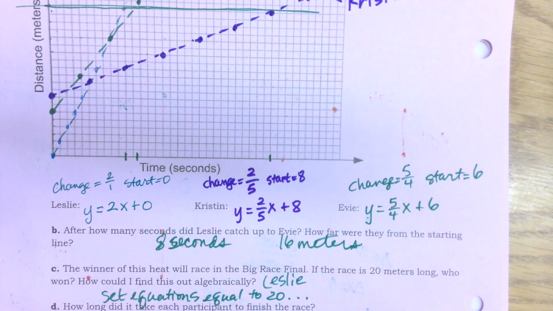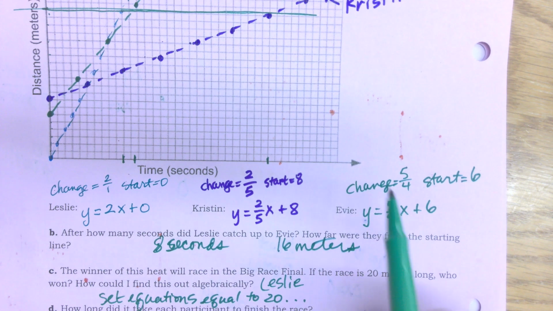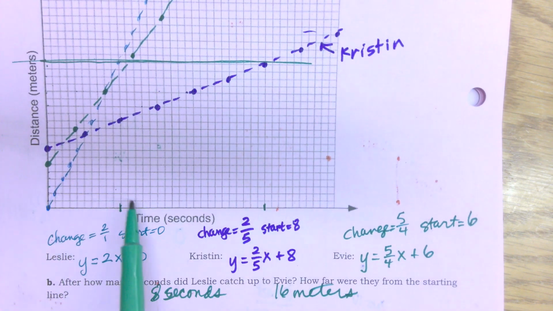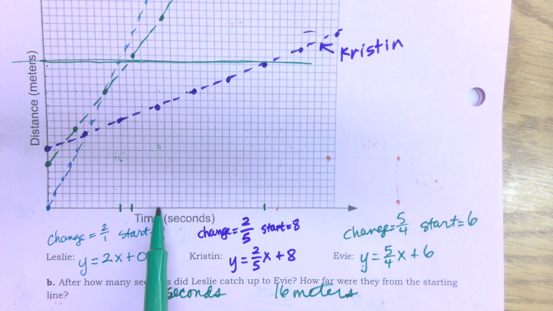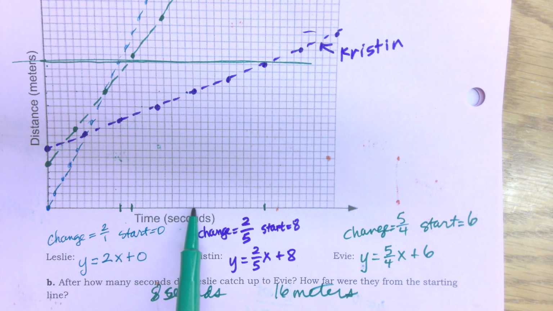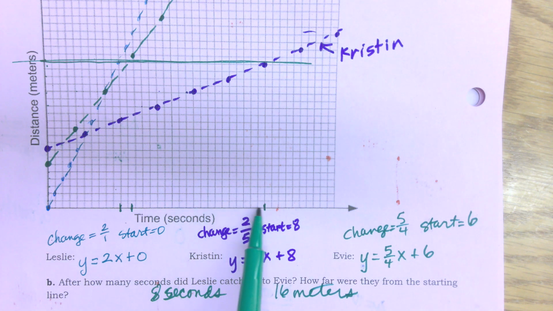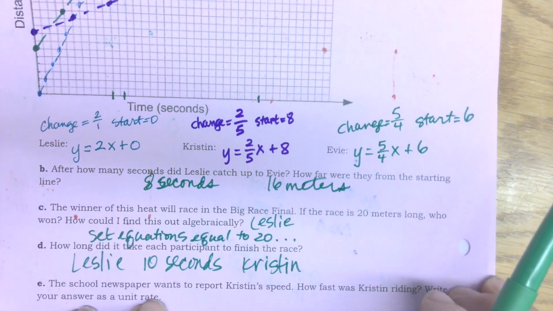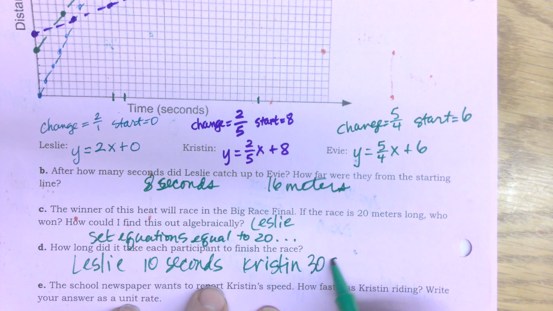And then Kristen. Kristen was way over here. Counting 10, 11, 12, up through 29. Did anybody else get 30? 30, yeah. For Kristen, I got 30 seconds. And then what about Evie?